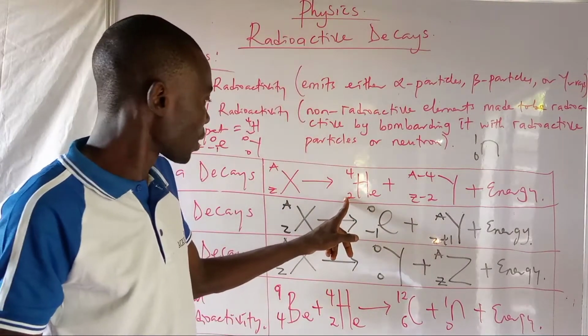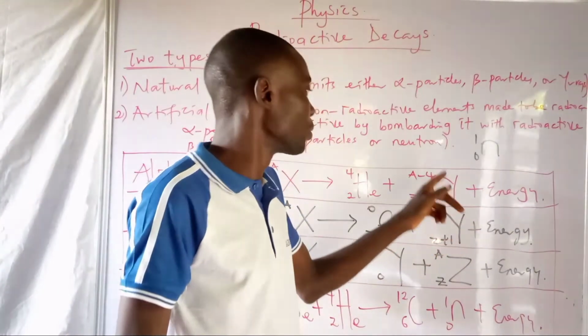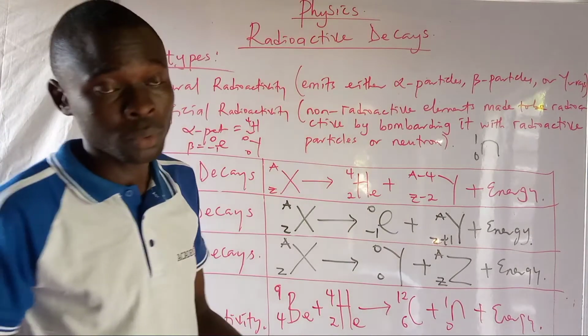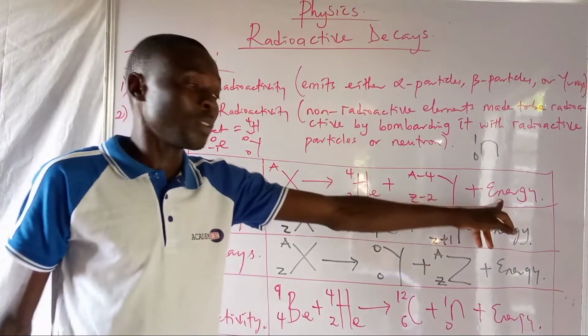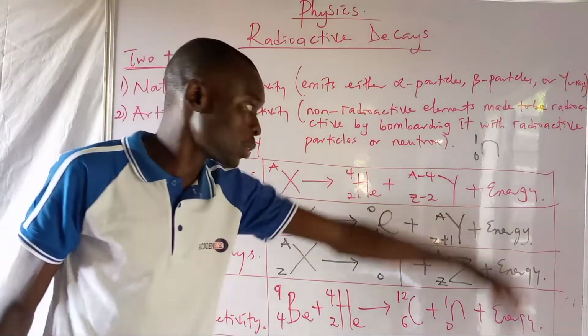For the atomic number, Z minus 2 will give us the new atomic number of the new element formed. Then energy is produced. As we know, a radioactive reaction produces a big amount of energy. So energy will always be produced.